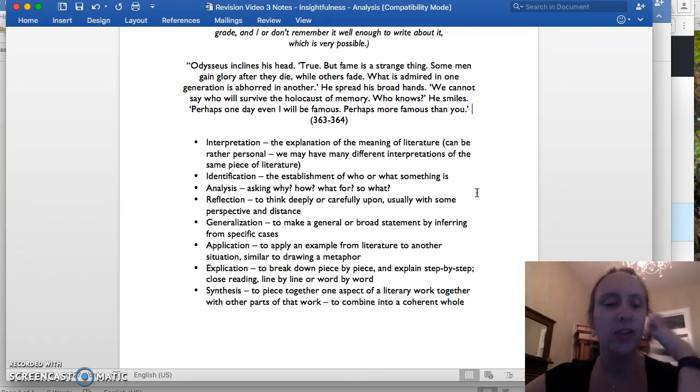Give it a whirl. Don't worry about them being that different. Just don't worry about like, is this reflection, is this generalization? Just give it a try. Just try to come up with some different ways of analyzing it using inspiration from those categories. And you might not be able to do synthesis if you haven't read Song of Achilles. Probably leave that one out. Give it a try if it seems possible. Don't worry too much about it. Okay, there's some help on analysis.